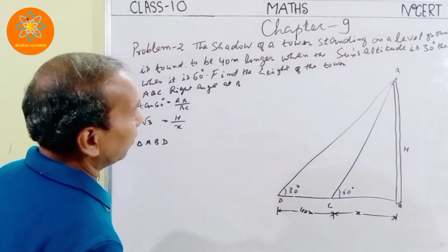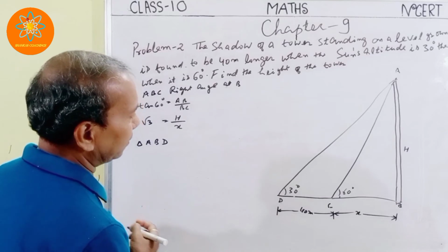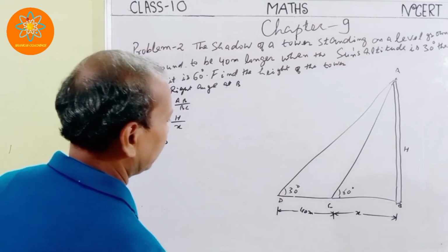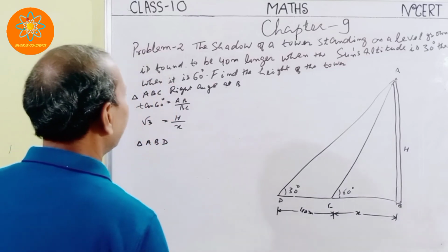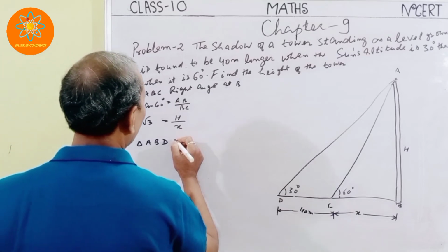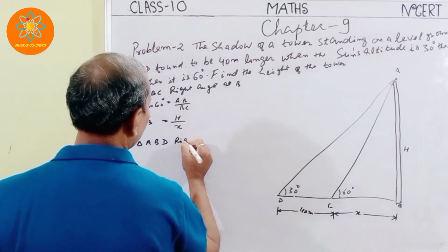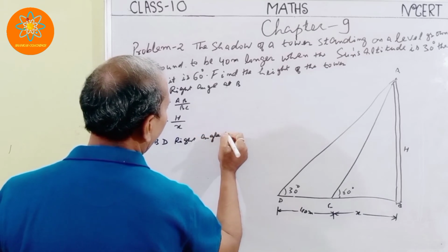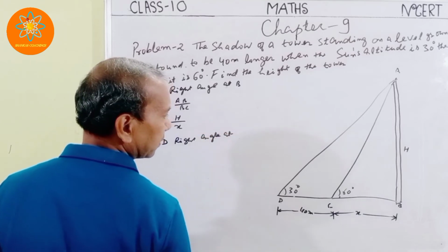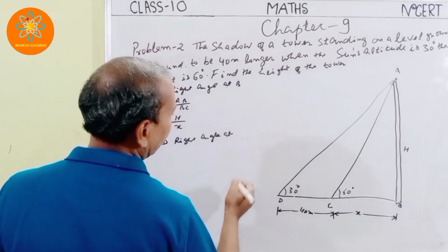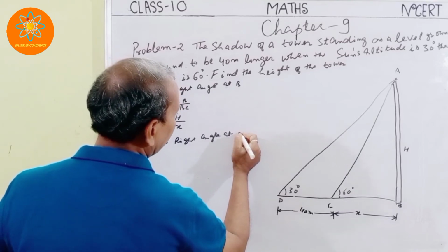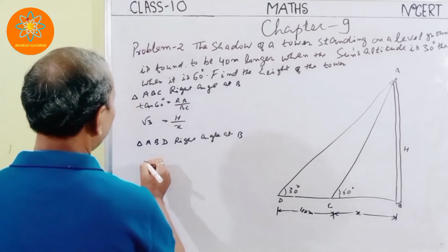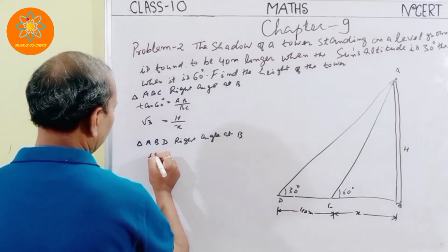So one more right angle triangle is there, that is triangle ABD, right angle at B. Now let's suppose I am taking tan 30 degree.